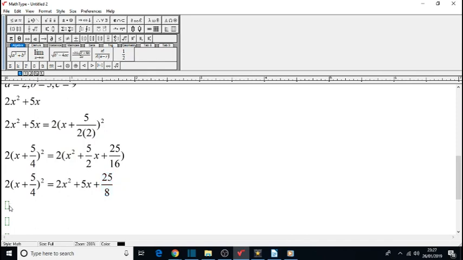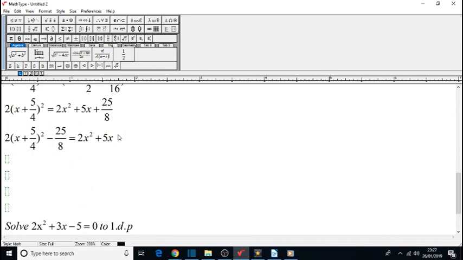So it becomes 2 open bracket x plus 5 over 4 close bracket squared minus 25 over 8, and that's equal to 2x squared plus 5x.